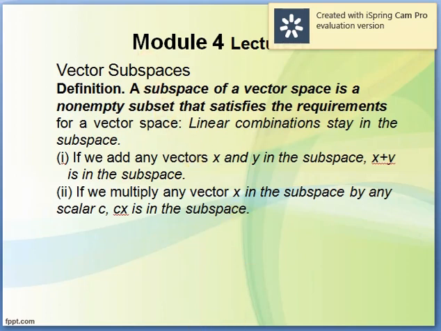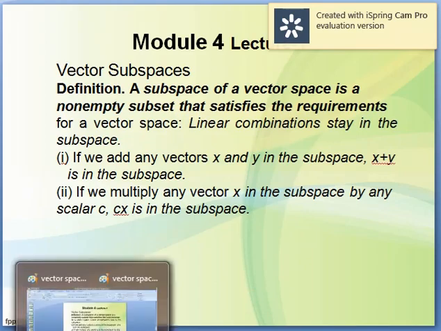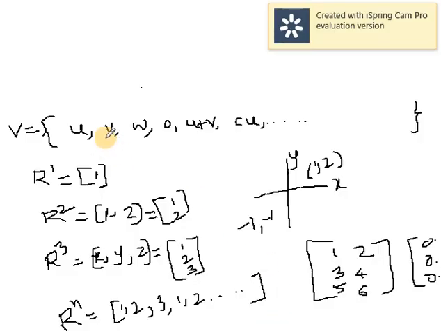If we brief it, a vector space is a set, a vector set, having some components.